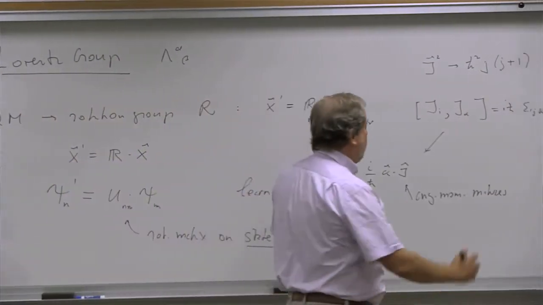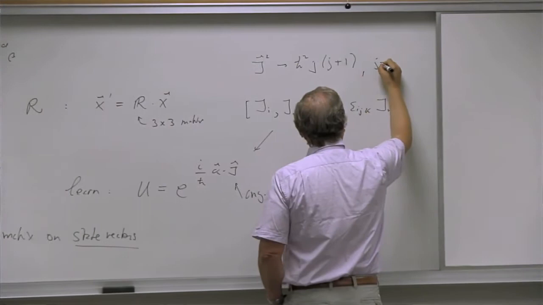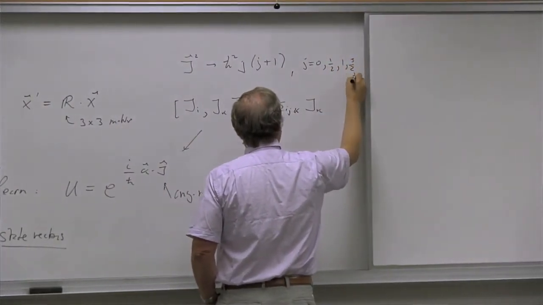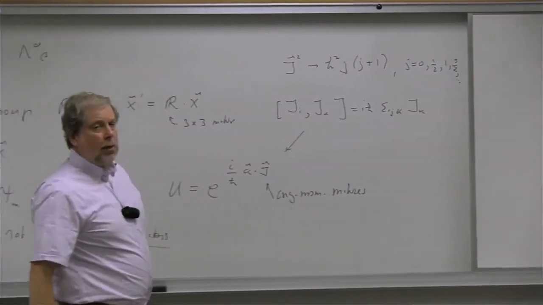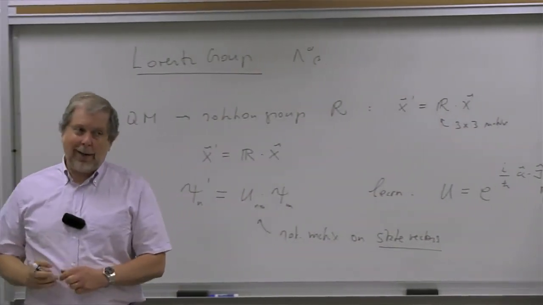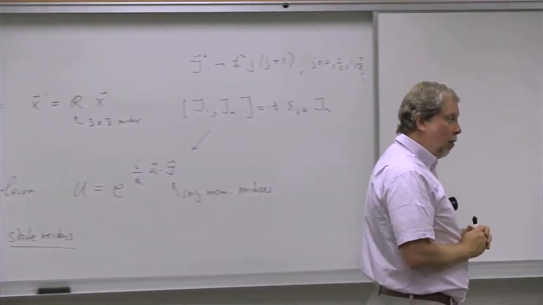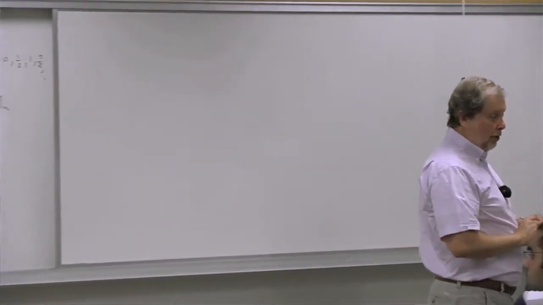And we discover that j can be 0, it can be 1/2, it can be 1, it can be 3/2, and so on, right? So it is one of the standard exercises of graduate quantum mechanics to actually show that angular momentum only can take on certain values.